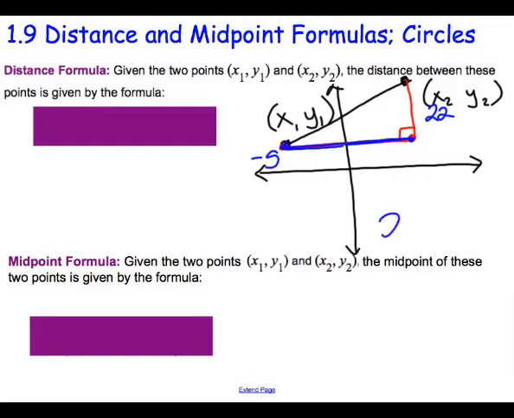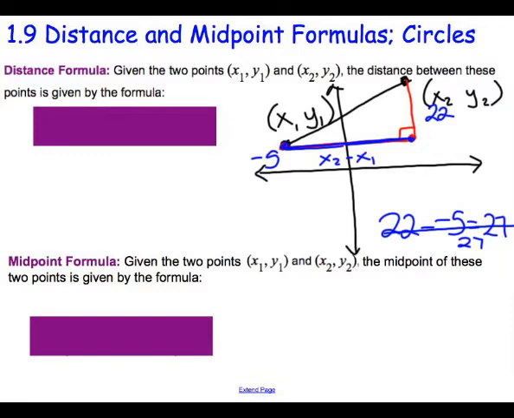If I simply do 22 minus -5, I would get 27, which is the length of this side. So in general, to find the length of that side, you find the difference between the two x values. And that works if they're positive or if they're negative. So the length there is always found by doing x2 minus x1.